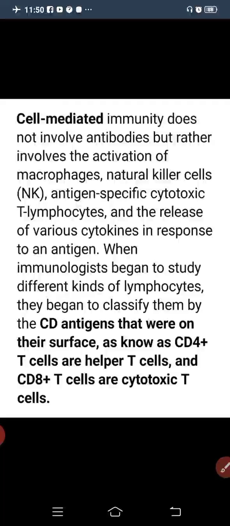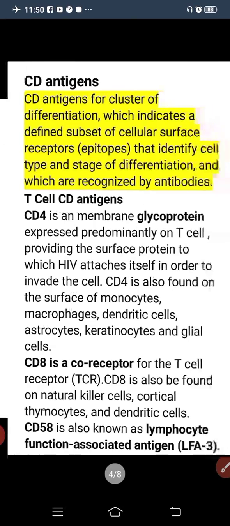When immunologists began to study different kinds of lymphocytes, they began to classify them by CD antigens on their surface, known as CD4 plus T cells, the helper T cells, and CD8 plus T cells, the cytotoxic T cells.